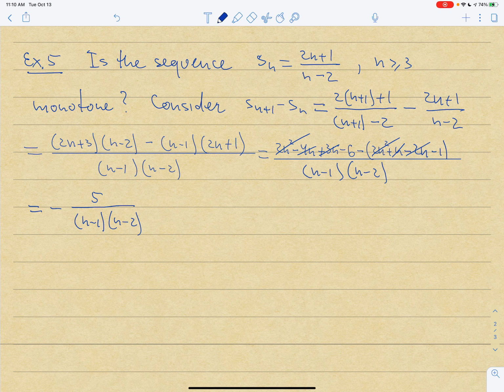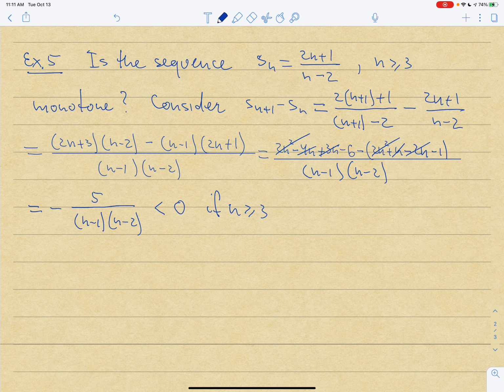And I assume that n is greater or equal than 3. So if I look at the denominator, n greater or equal than 3, n-1 and n-2 are both positive. 5 is positive, but there is a minus sign in front. So therefore, this quantity is always less than 0 whenever n is greater or equal than 3. And that's the only range of n that I'm going to consider.